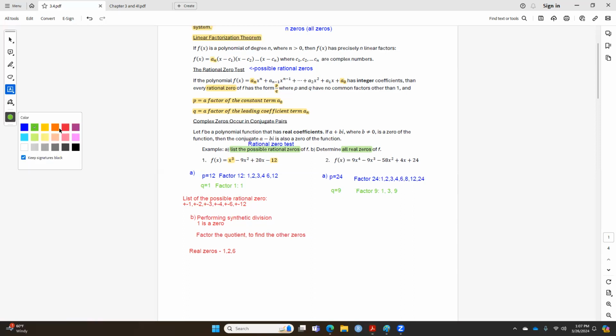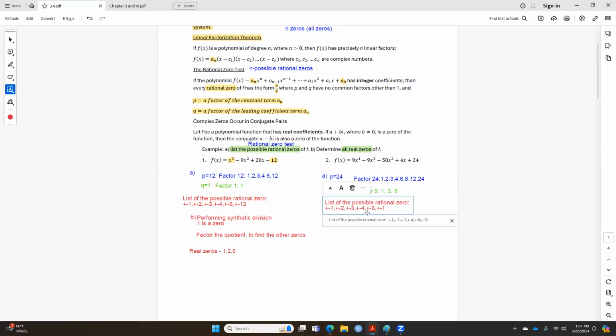Now we have to list all the possible factors. In order to list this, you have to do the plus minus. This is the trick I always tell my students. You take all the P factors of 24 divided by 1.